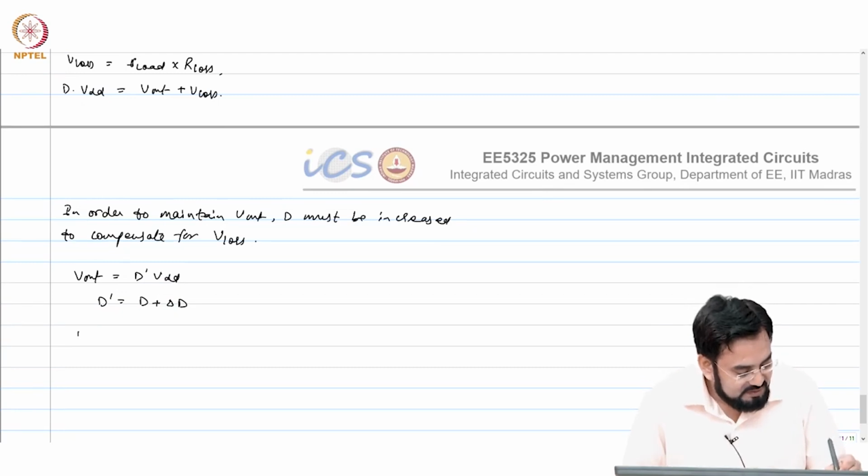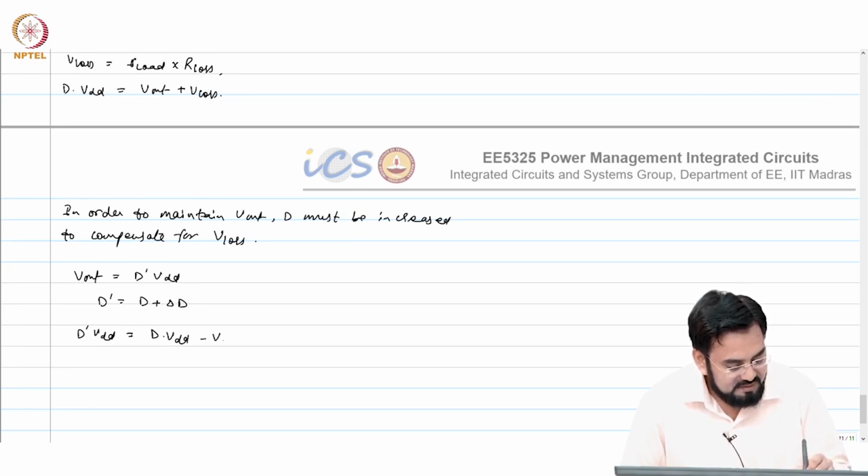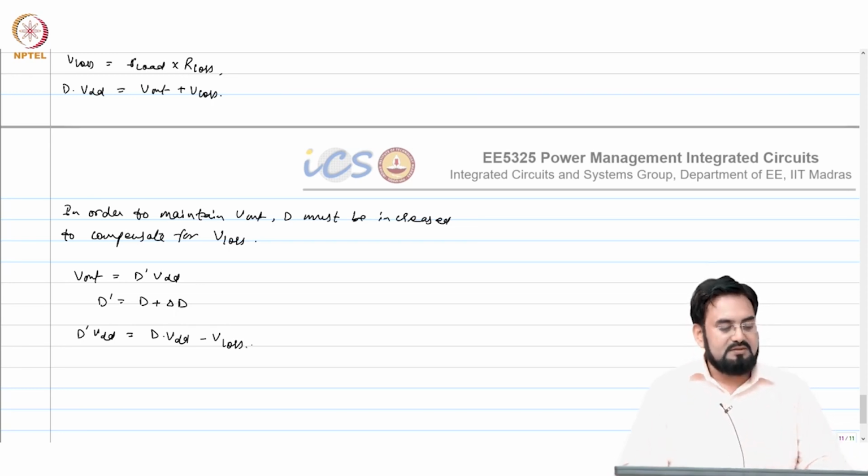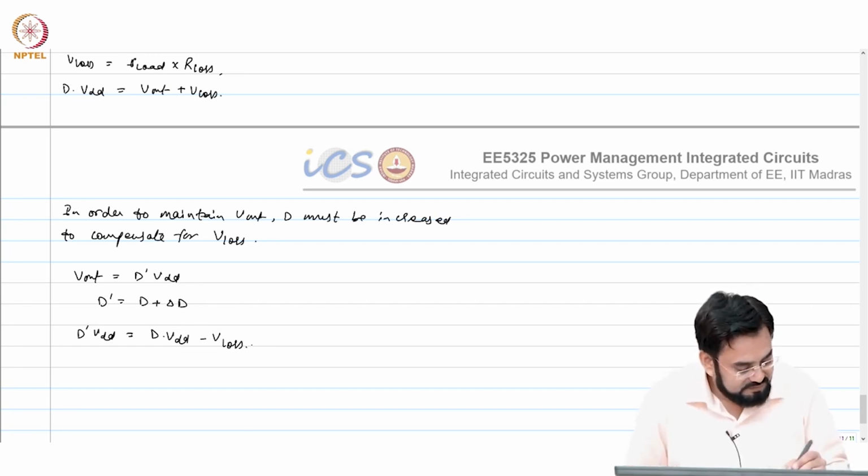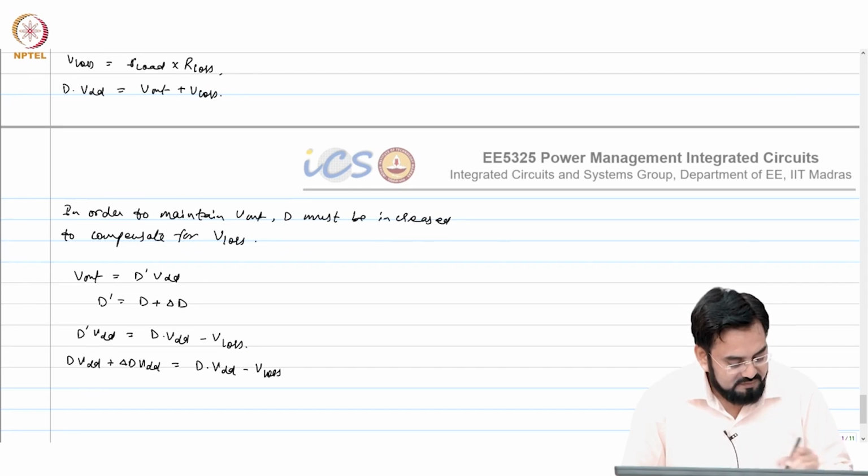And this is nothing but D dash VDD is D times VDD minus V loss. Or D VDD plus delta D VDD equal to D VDD minus V loss. This cancels out.